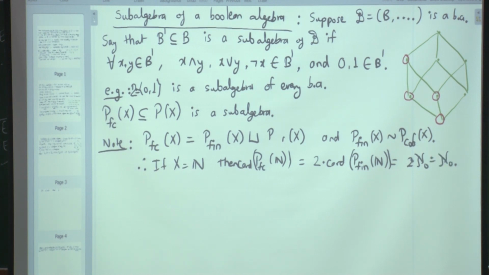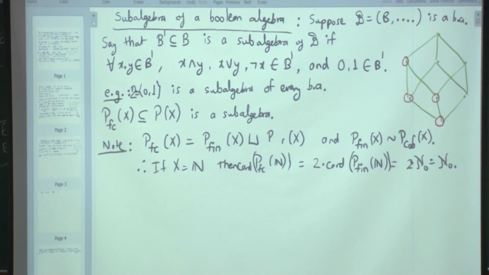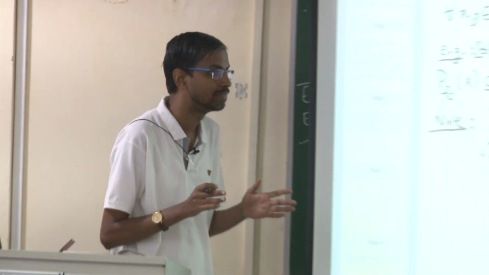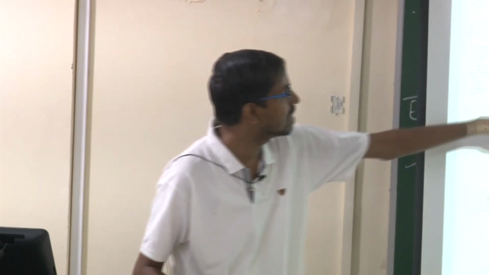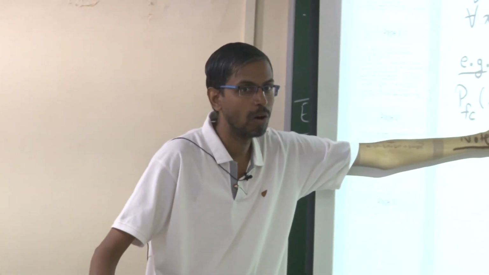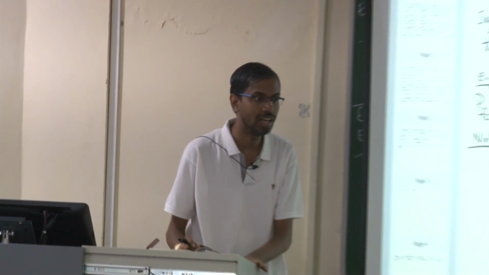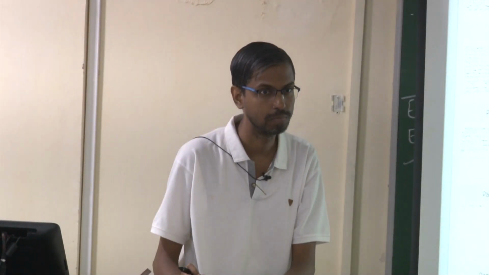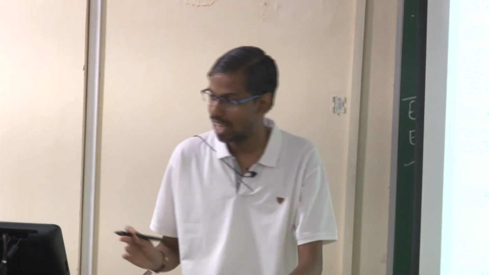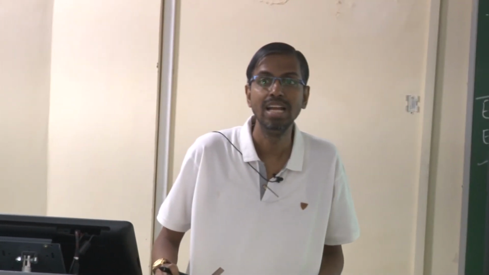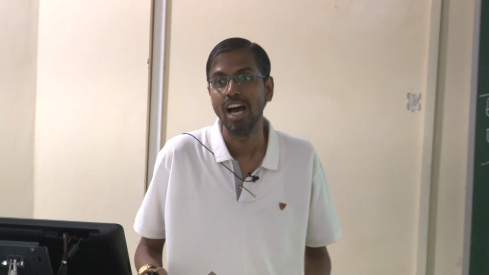Okay, so now are you convinced that in Stone's representation theorem we actually need to talk about a subalgebra. Right? This is a subalgebra of the power set algebra. We cannot directly say it's isomorphic to a power set algebra. Now, also remember that there is a Boolean algebra which is atomless.